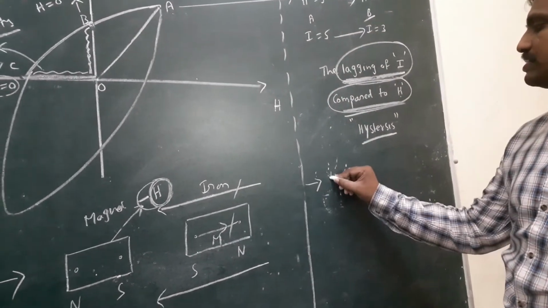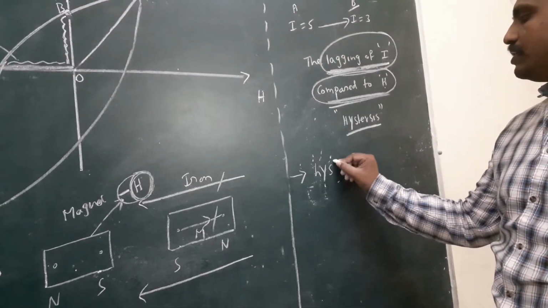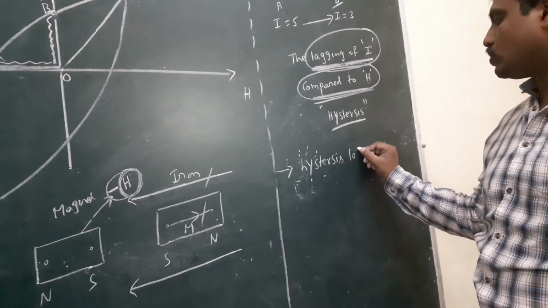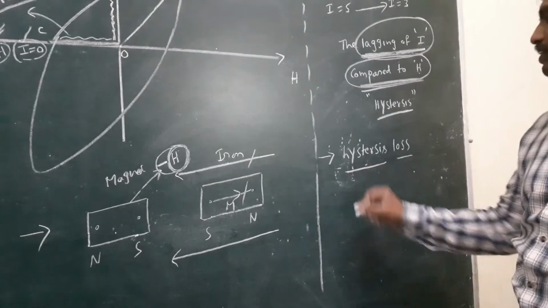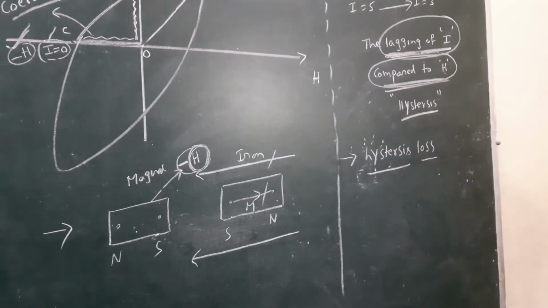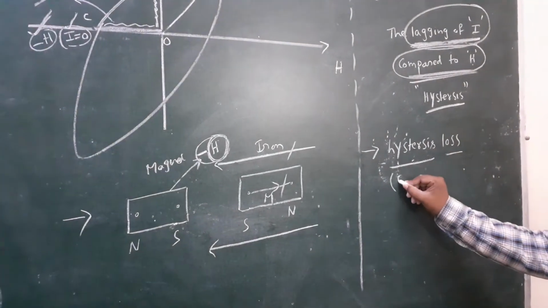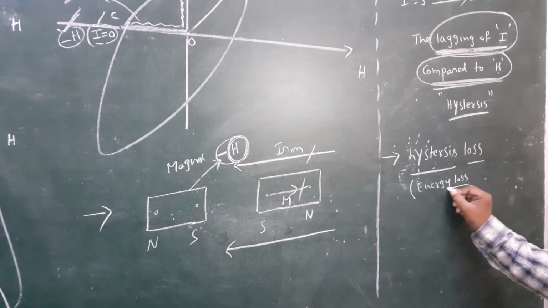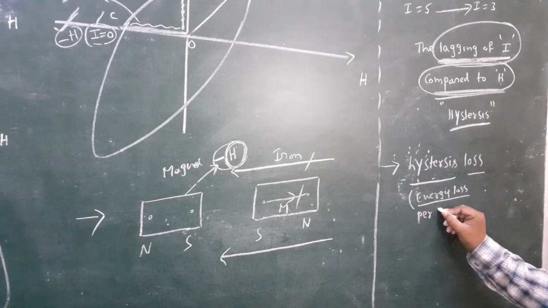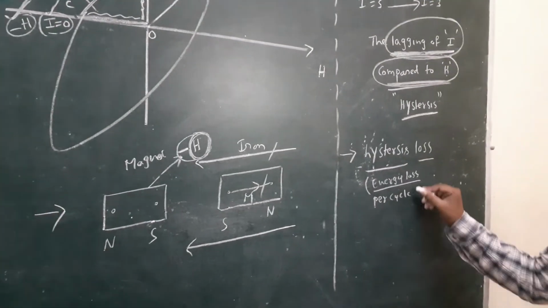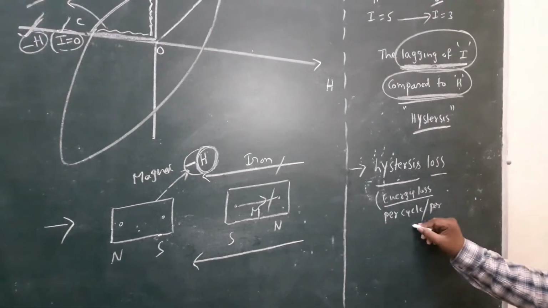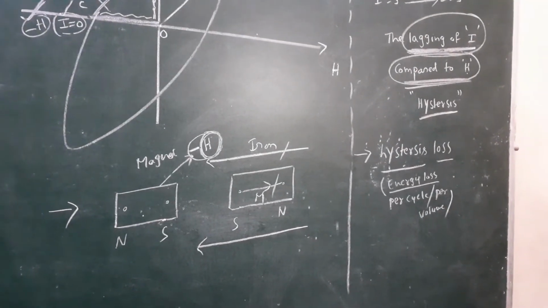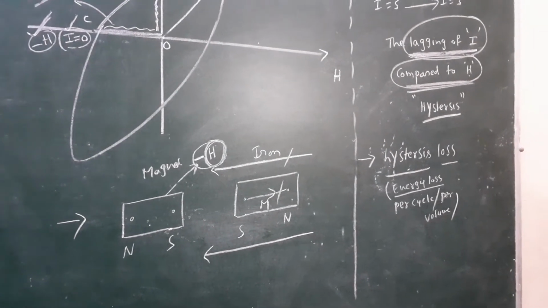Generally, I will discuss one more topic: hysteresis loss. Hysteresis loss simply means energy loss per cycle, where a cycle means a complete loop, per volume.